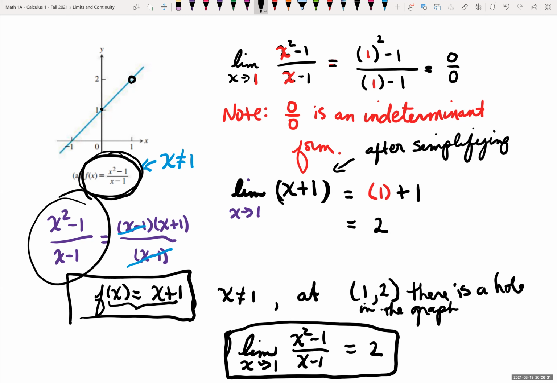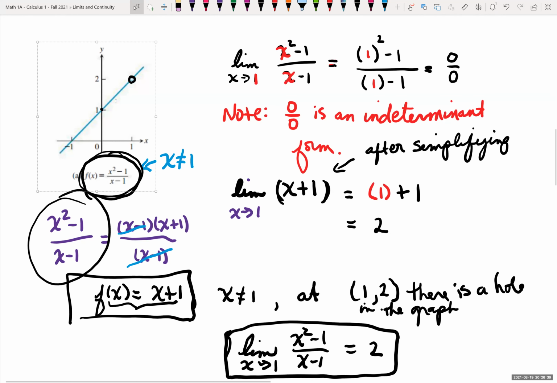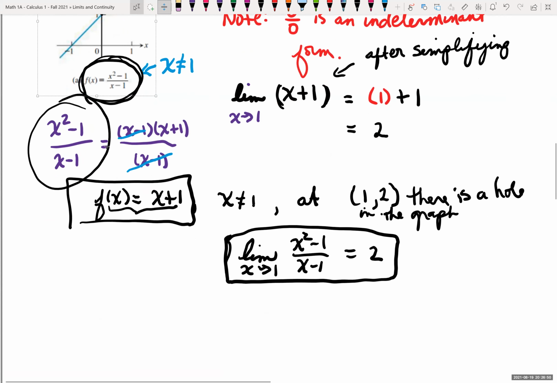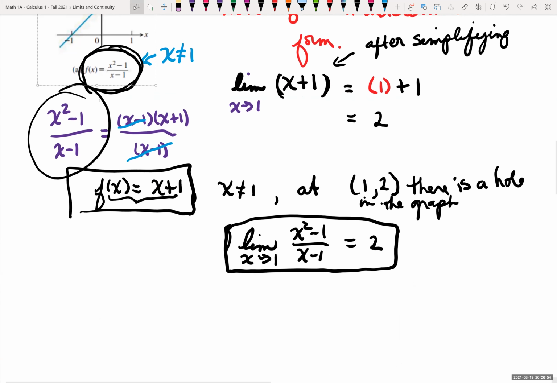So let's look at that picture again. I want to see if I can grab it and paste it. Let's do this. So let's look at that picture, and talk about it graphically.